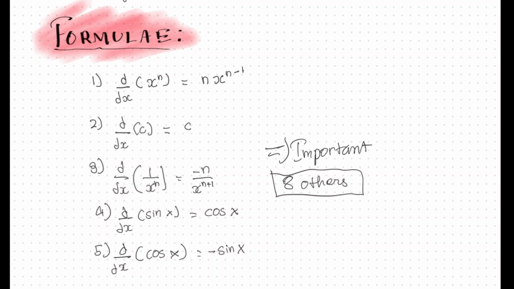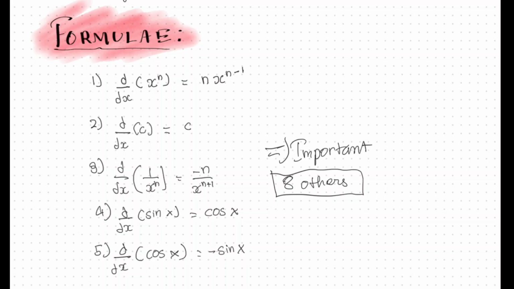So if you have, let's say, d by dx of 1 by x cube, it would be minus 3 divided by x power 4. You see n is equal to 3 and here n plus 1 will be equal to 4. So minus 3 by x power 4.